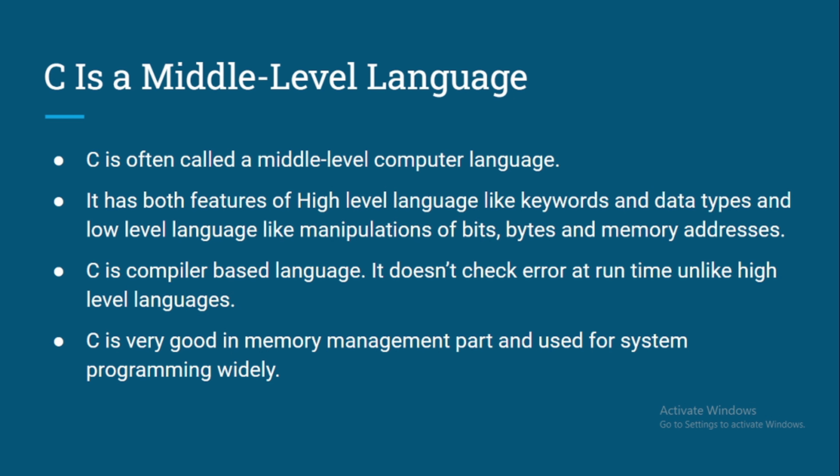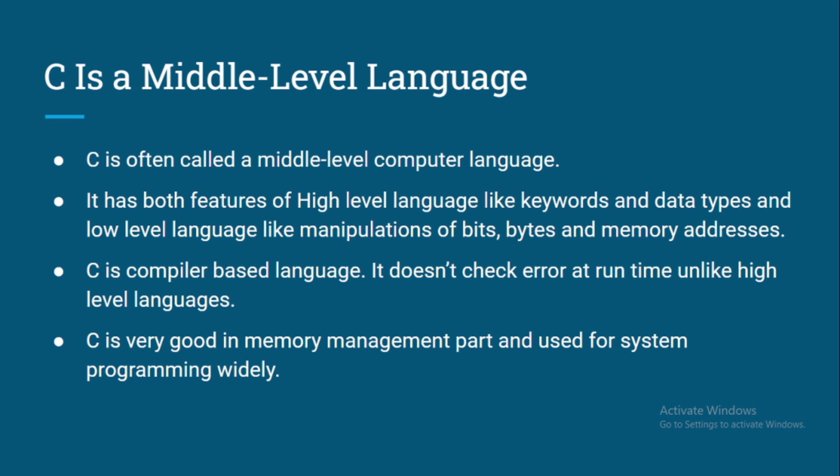So it doesn't check errors at runtime, unlike high level languages, where mostly we have interpreters. In C we have a compiler, and compilers and interpreters have separate benefits. In the next video we will talk about compiler versus interpreter also.